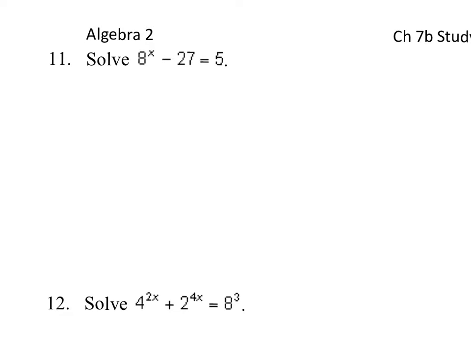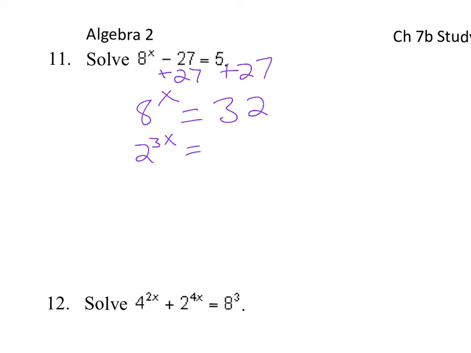Now, we're moving on to number 11. 8 to the x minus 27 equals 5. So first thing I'm going to do is move that over, so I'm getting my 8 to the x all by itself. So 27 plus 5 is 32. All right, well, we know that 8 is 2 cubed, and 32 is 2 to the 5th.